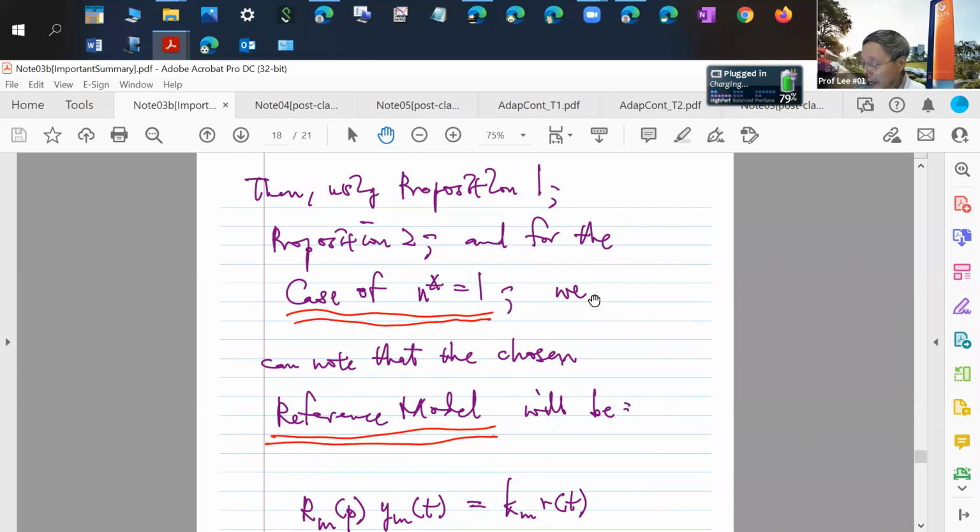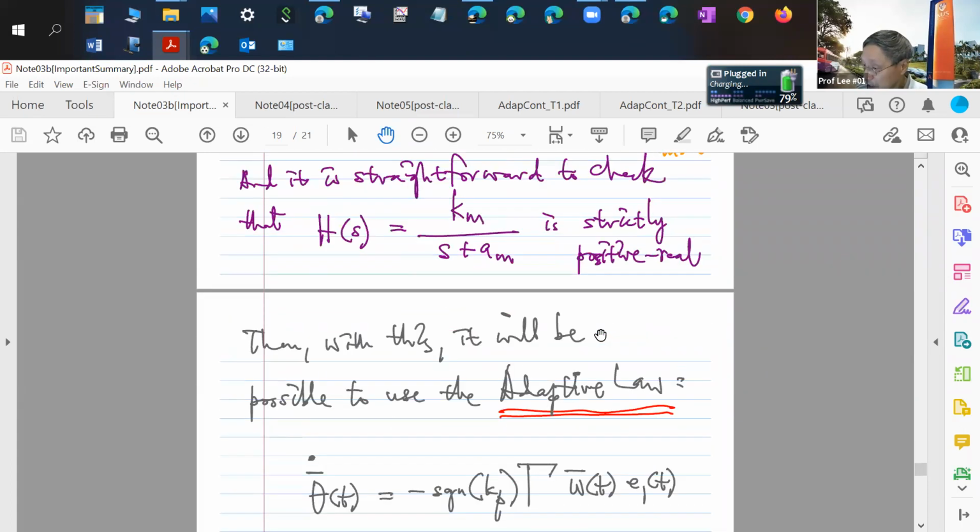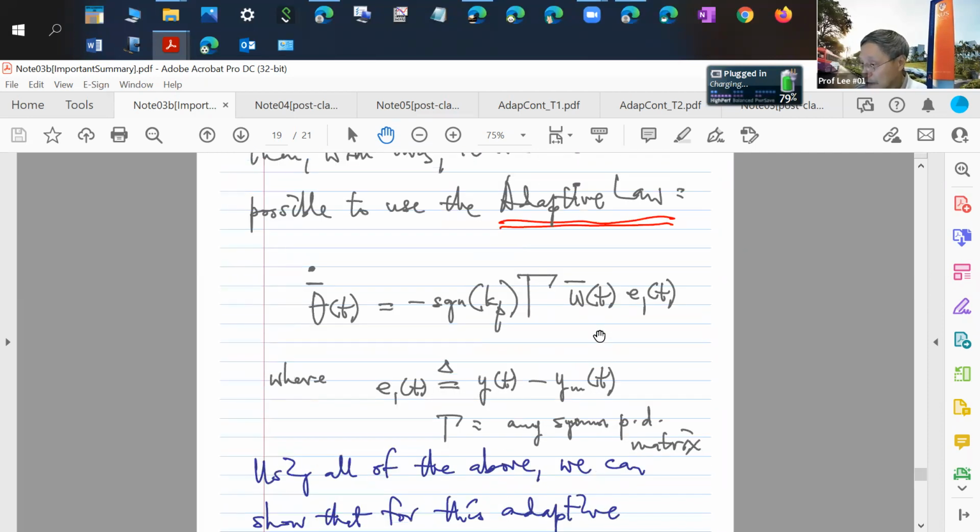So if it's the case of relative degree equals 1, then the adaptive law turns out to be rather simple, in the sense that we can appeal to strict positive realness, and then the adaptive law comes out like this. Then remember what we did last week.